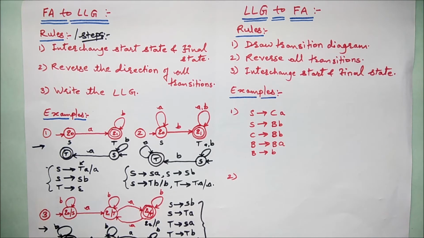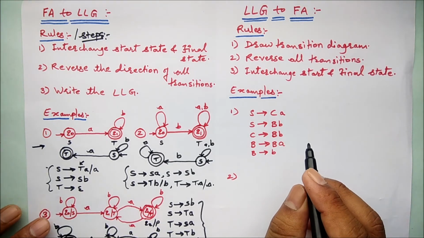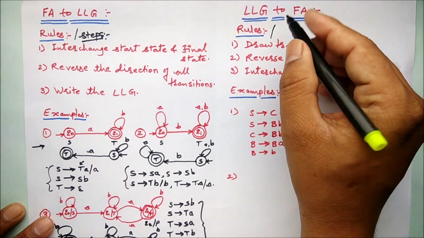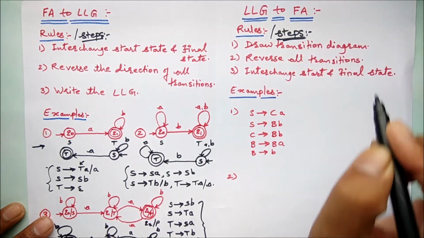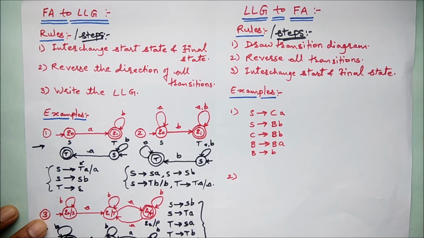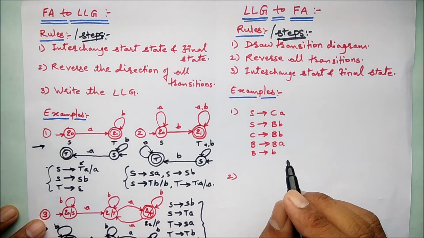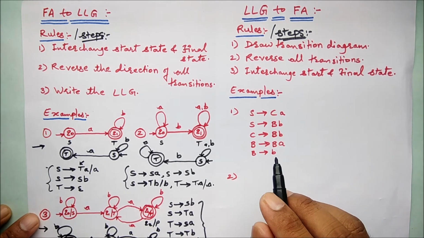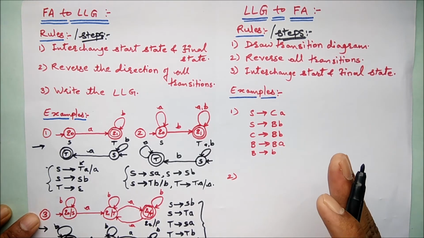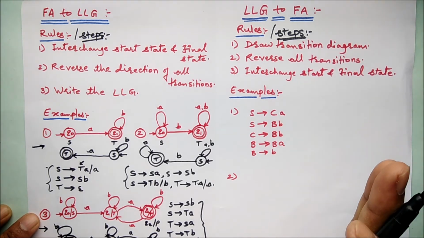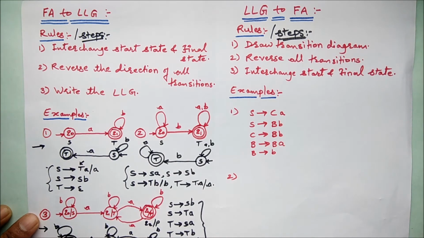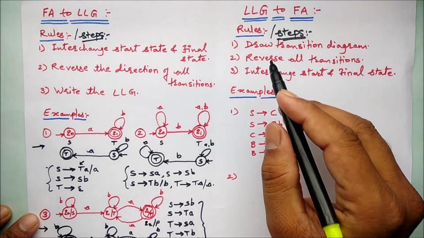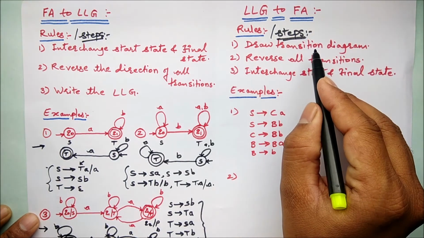Again, as we saw some rules or steps while converting FA to LLG, the same steps we have here while converting LLG to FA, but in the opposite way, right? So in this LLG to FA conversion, it is a three-step process, and the first step is to draw the transition diagram.